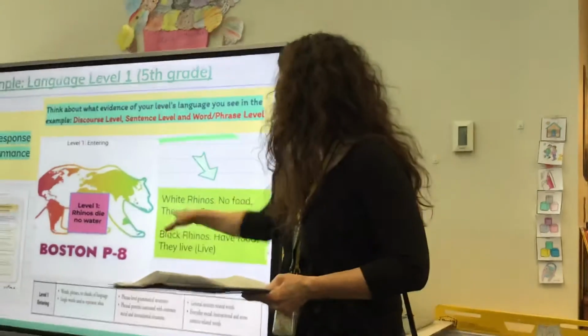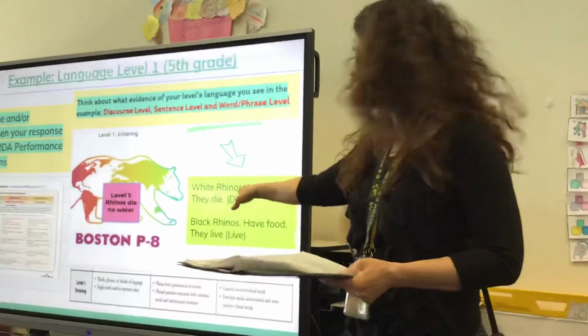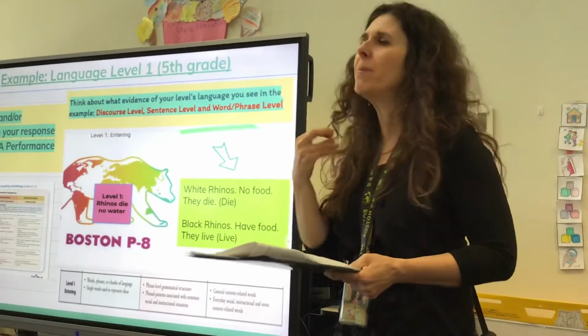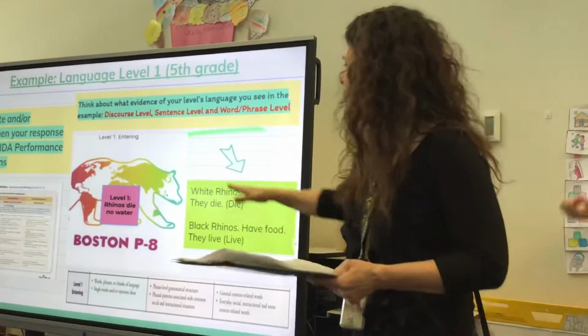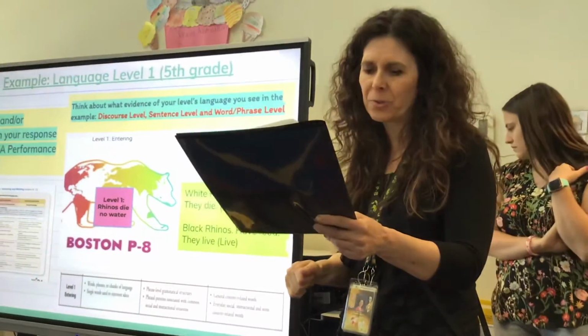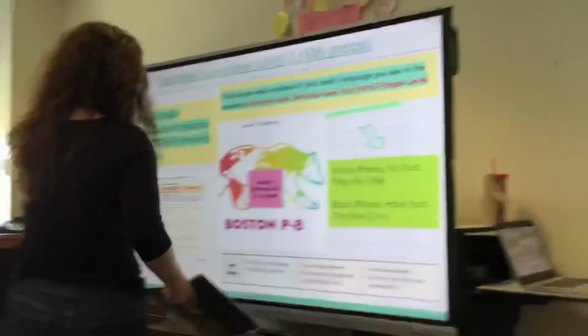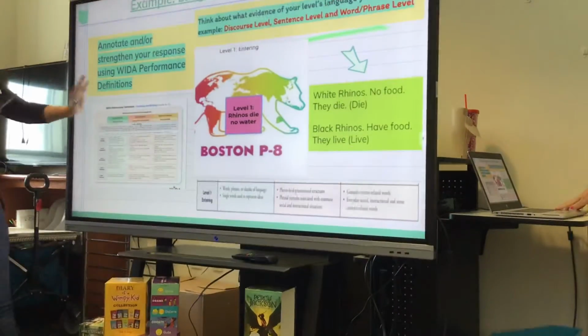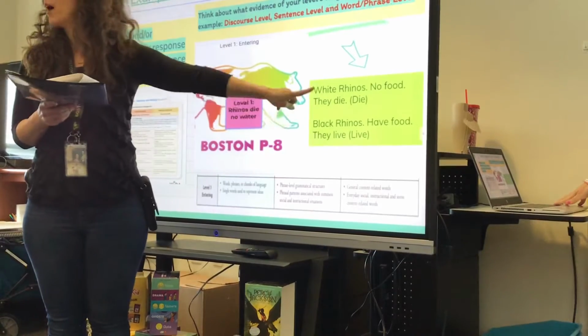And I'm going to talk about they died, or I could even write a shortcut of die or live, the predicate. And that would still count for encompassing the meaning or the purpose of what was happening, to quickly compare and contrast those. So I've honored this level 1 on this performance definition. Chart paper, to checking it here, to making notes on a sticky note.